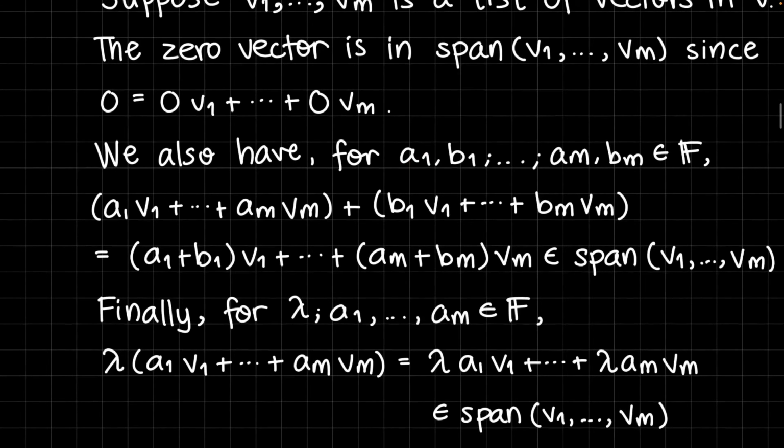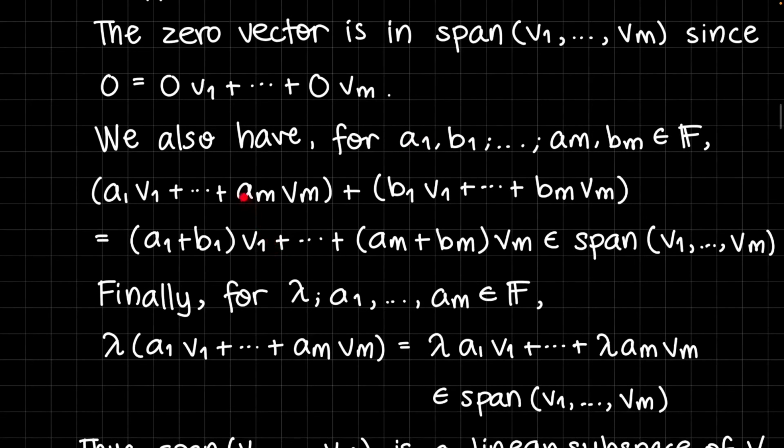Now let's check for the closure under vector addition. We have a1, b1, dot dot dot am, bm, such that all of them belong to the field F. So we're taking two distinct elements in the span. So a1 v1 plus dot dot dot am vm is one element, plus b1 v1 plus dot dot dot bm vm is another element in the span.